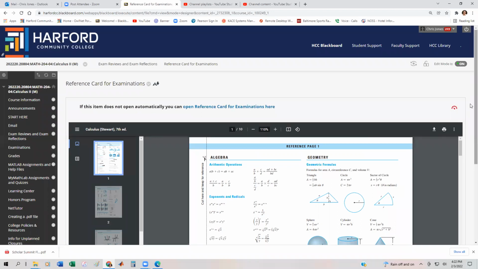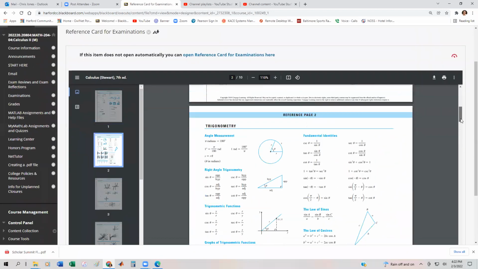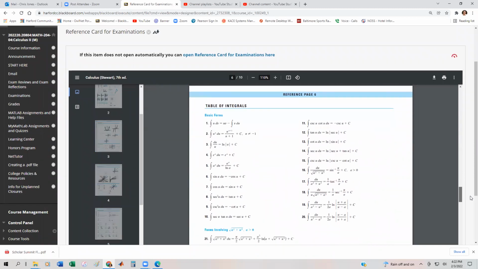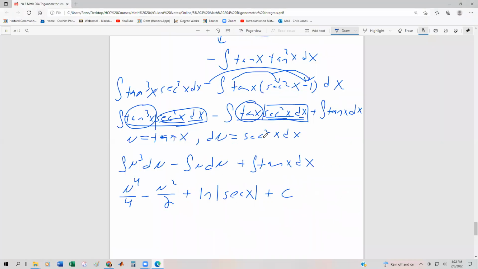If you scroll down just a little bit, we can get to our integrals. And we can see that the integral of tangent somewhere on here is the natural log of the secant function. So this might be a helpful thing to have, especially for these types that you've done before, but you might not just remember them off the top of your head.